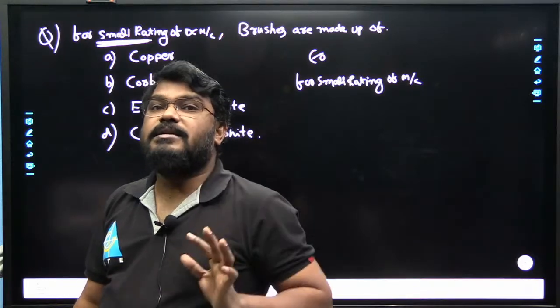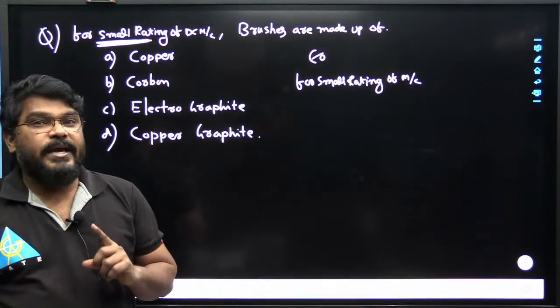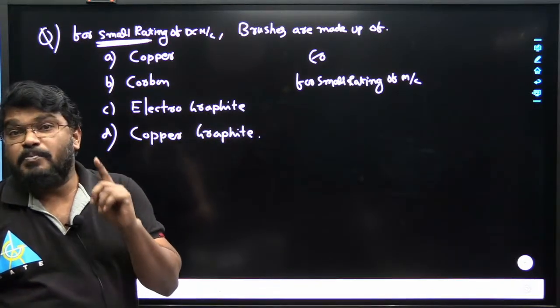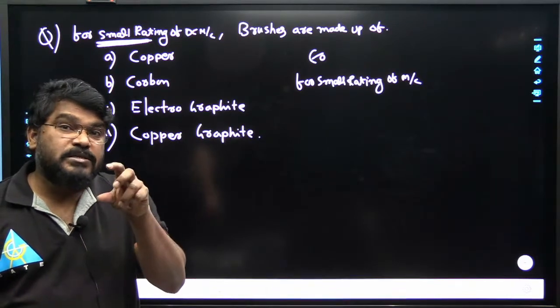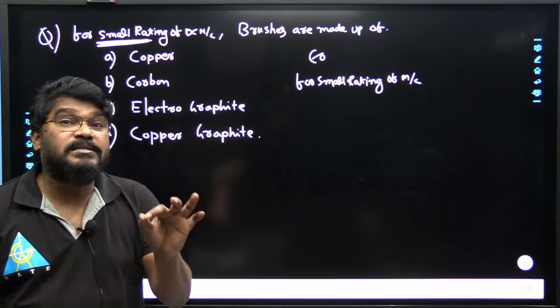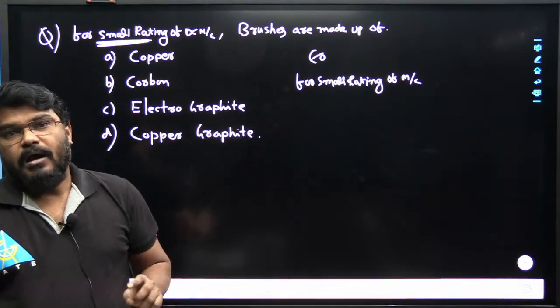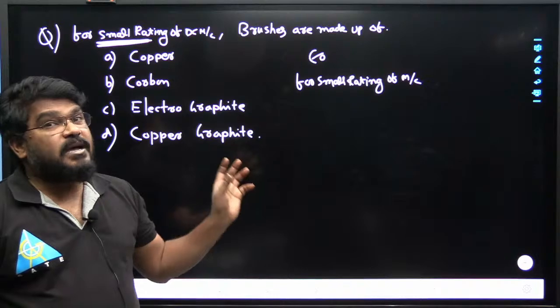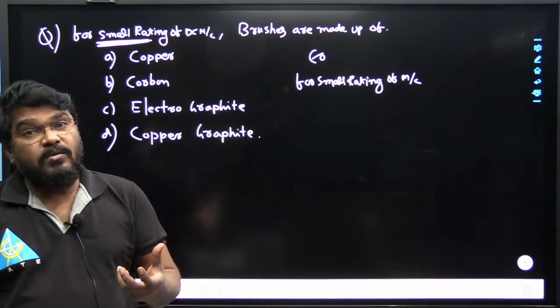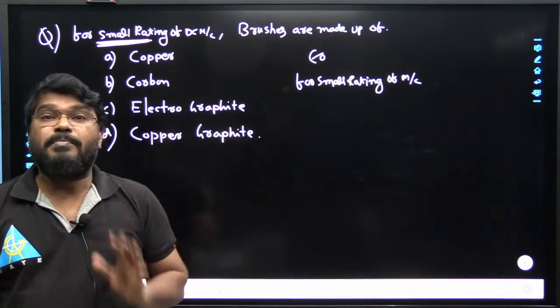What are the reasons? One reason is that carbon is self lubricating, due to which frictional losses can be reduced. And one more is that carbon has high resistance as compared to copper, so that you can improve the commutation process.